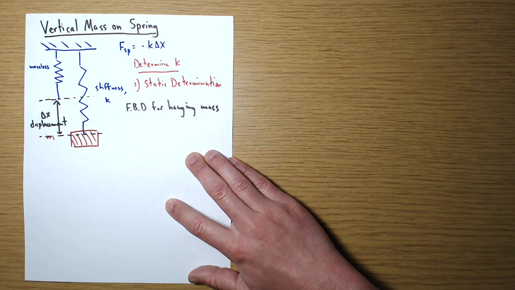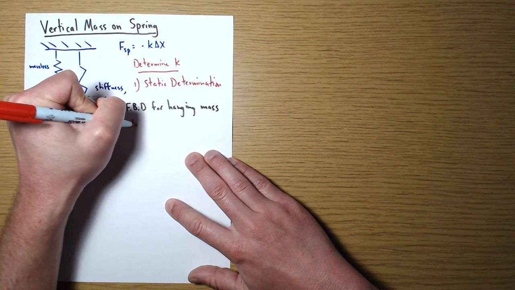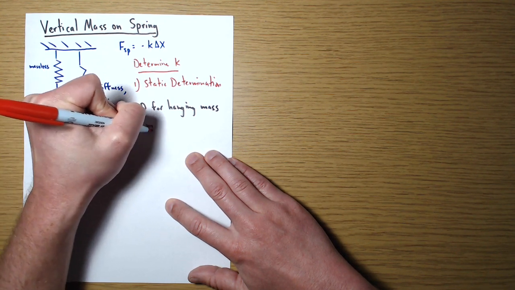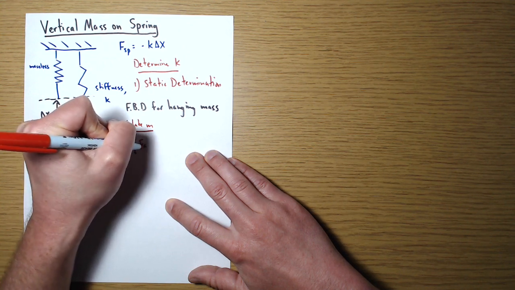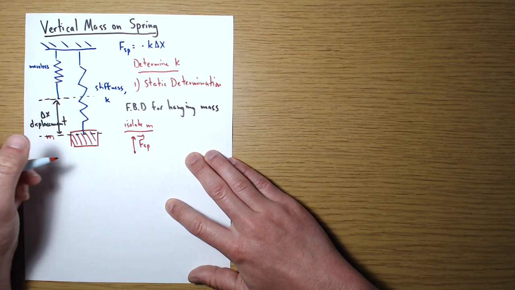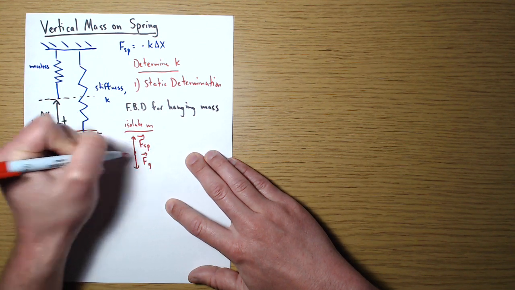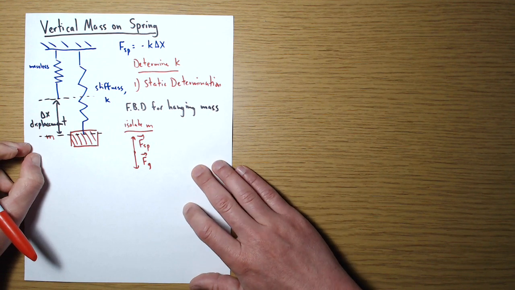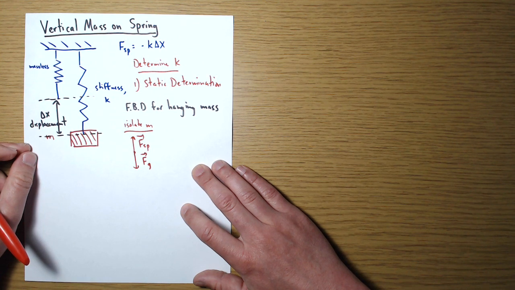If I isolate the hanging mass, I have the force of the spring upwards and the gravitational force pulling downwards. And those two forces equal one another, which is why the mass doesn't move at all.